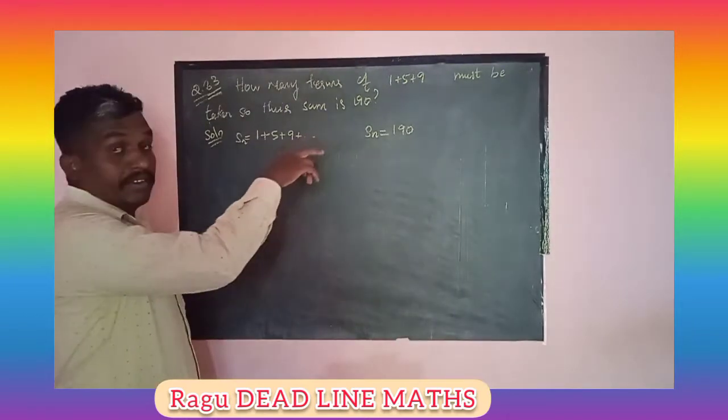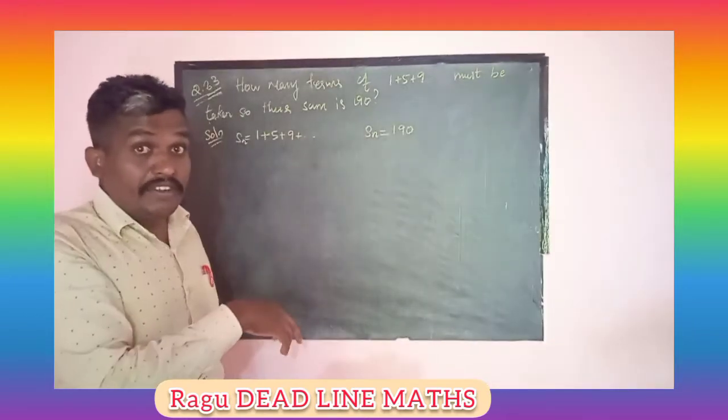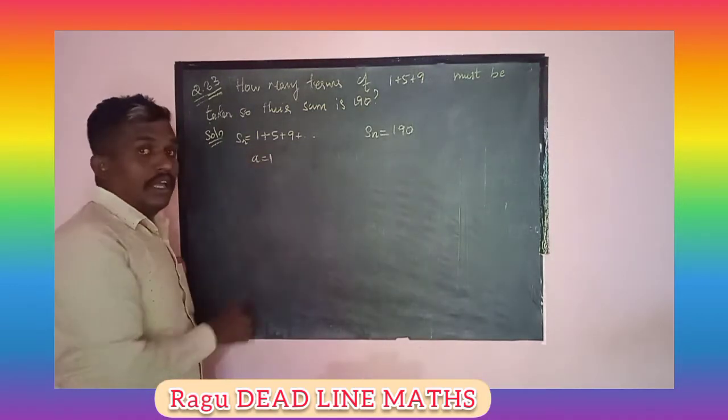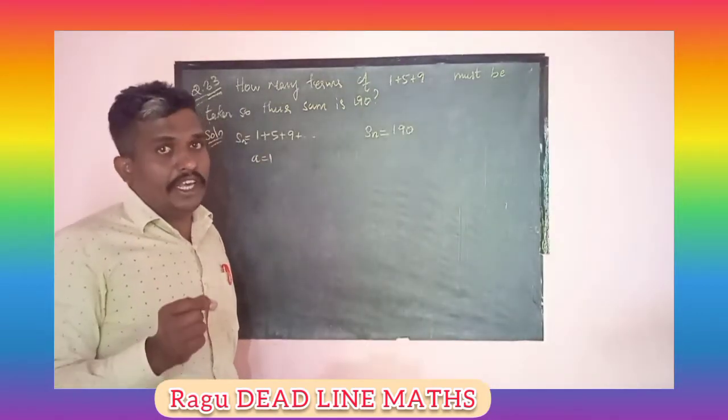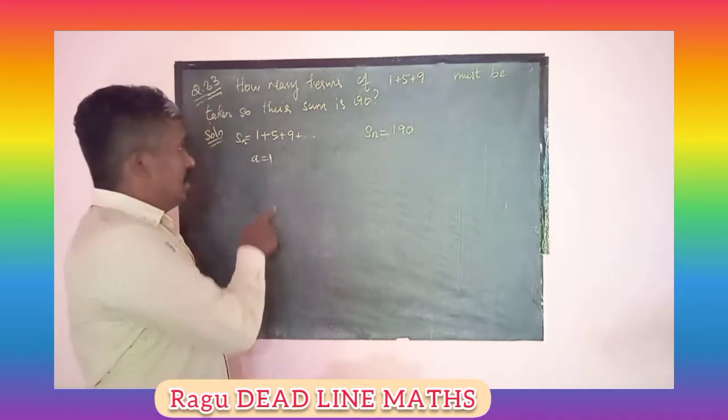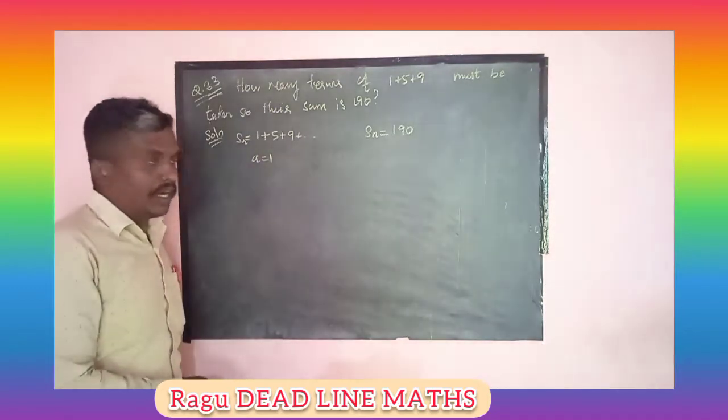From the sequence we know that a is equal to 1. What is a? a is the first term of the sequence, so a = 1.